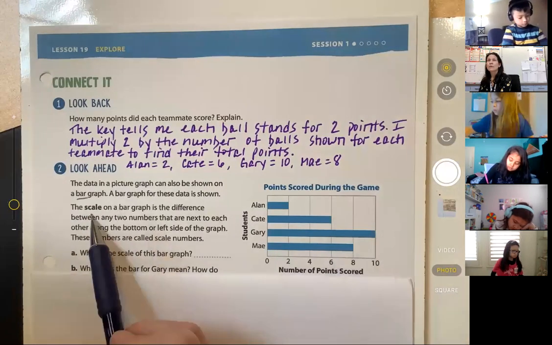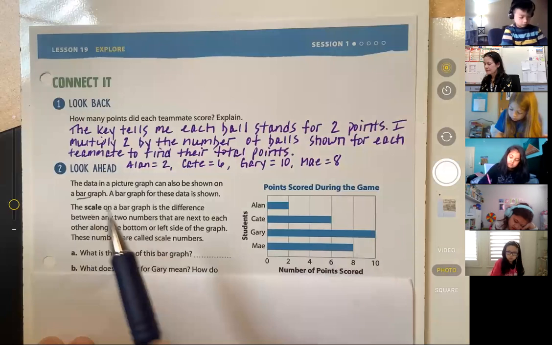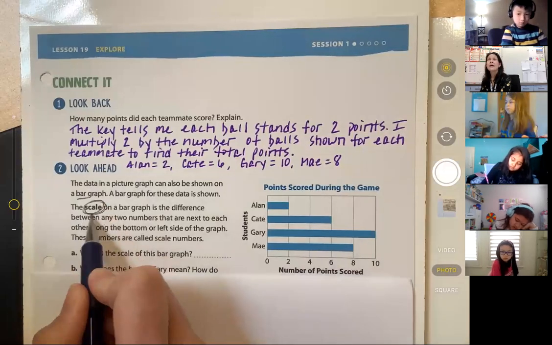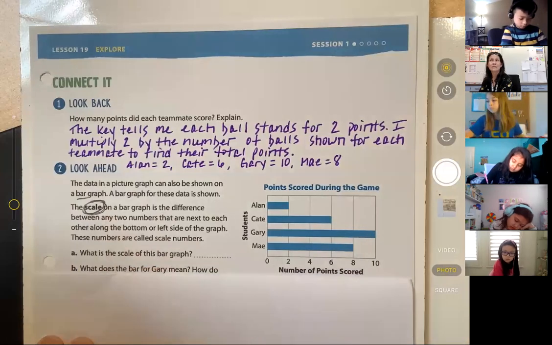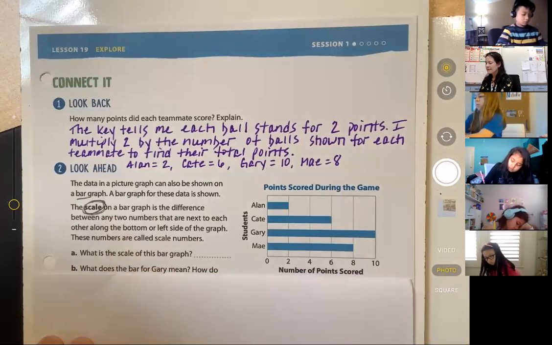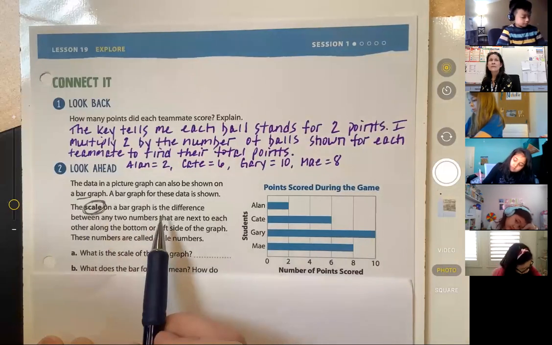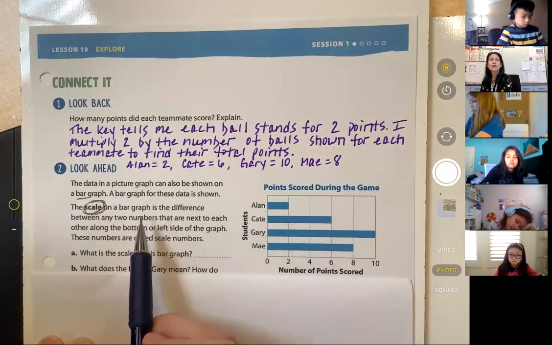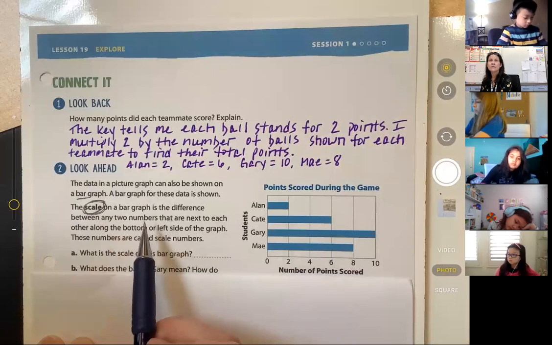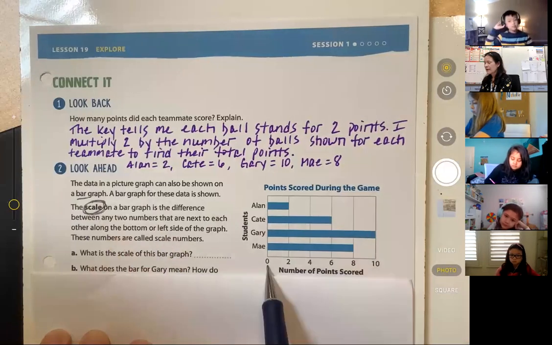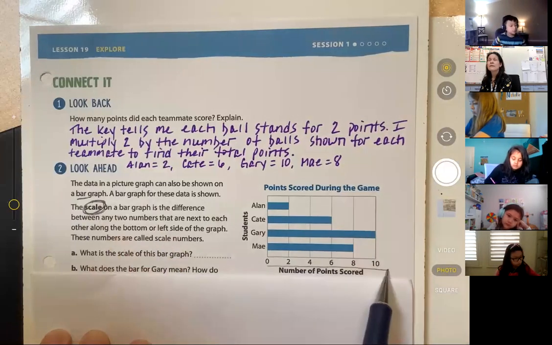This is an important word, friends, the scale. We've learned about a key. Now we're going to talk about a scale for a minute. The scale on a bar graph is the difference between any 2 numbers that are next to each other. Down here, friends, here is your scale, right here. This is your scale.